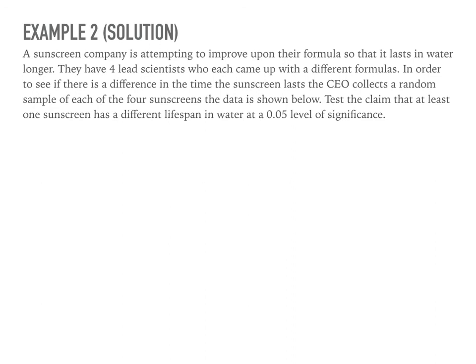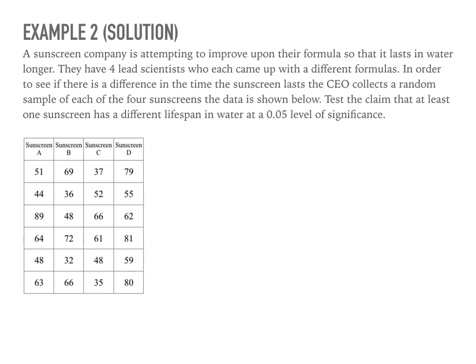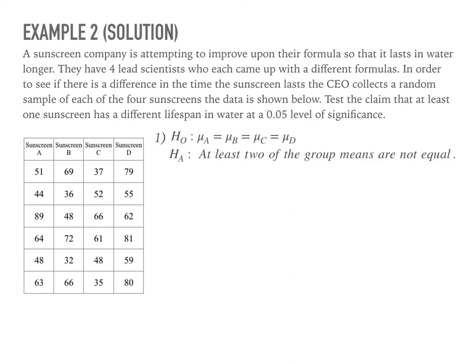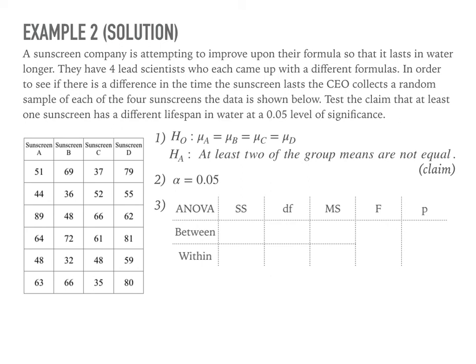Again, we're looking at a sunscreen company that's attempting to improve their formula, and their 4 lead scientists have listed their data below from their study. So listing our hypotheses, our claim is the alternative hypothesis. We list our level of significance, and then we fill in our ANOVA table.